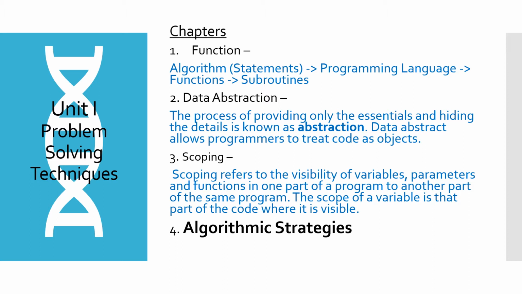Data abstraction is a process of providing only the essentials and hiding the details, which allows programmers to treat most of the code as objects. Code with object definitions makes the programming style much easier.